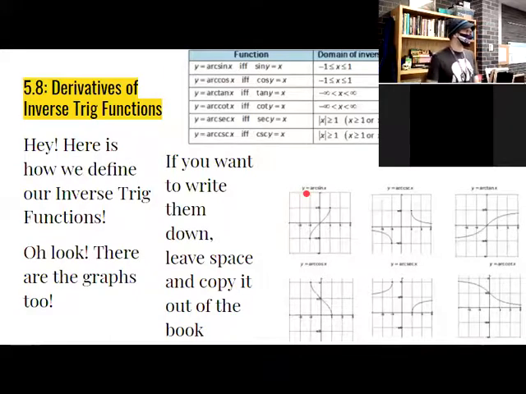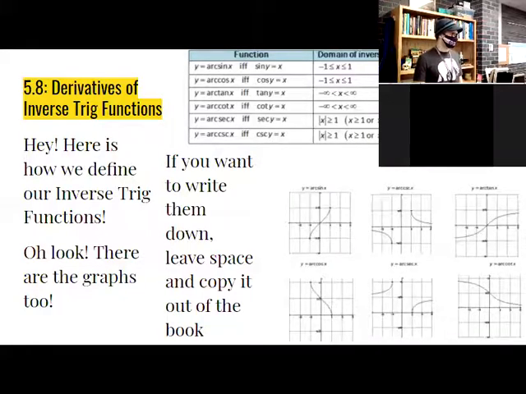It's more about being able to reference them and understand that most of what you need to know about the inverses we did last year in pre-calc. Like their domain is the range of the original function. The domain of arcsine in particular is -1 to 1, which is the range of sine.